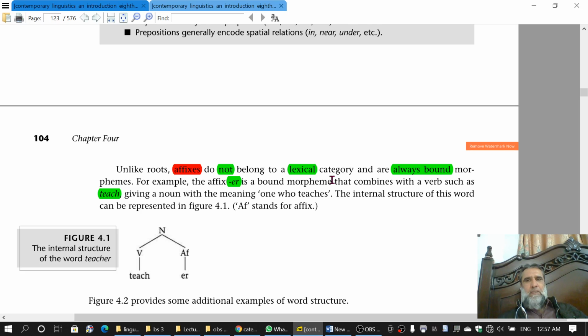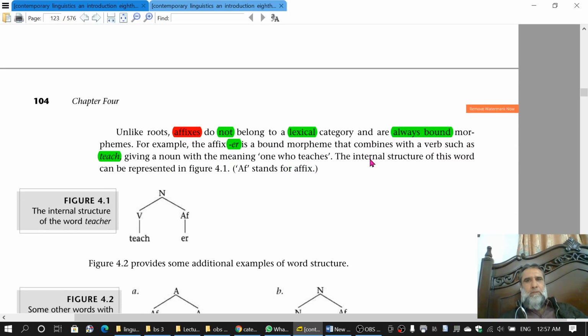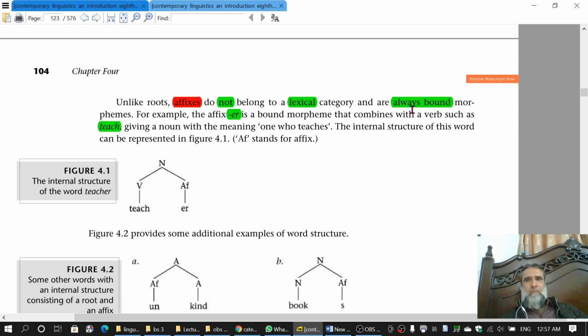That is, they are not nouns, they are not adjectives, prepositions, and they are also not verbs. So they do not belong to the lexical category, and they cannot stand on their own. They cannot work as a word in itself, and they are bound morphemes. They have to be attached to some other word, to the root, in order to give meaning.